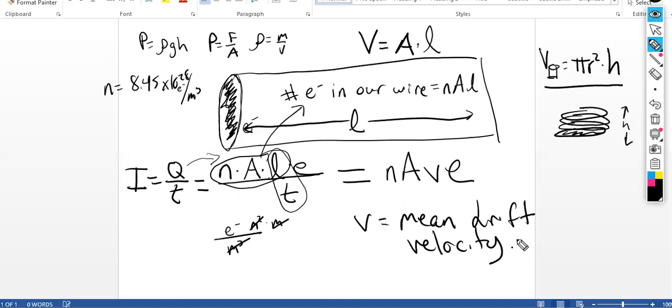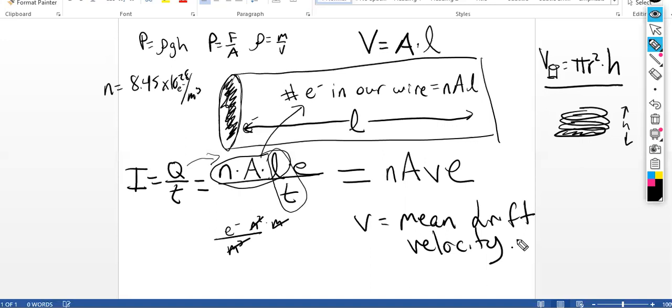The individual collisions between electrons are very fast and transfer a lot of momentum, but the net movement inside a current-carrying wire is slow in terms of the flow of charge. It's actually like millimeters per second. It's pretty slow, and we'll see calculations of that.